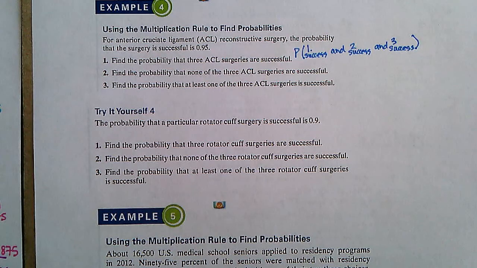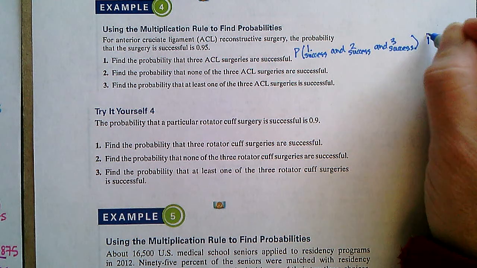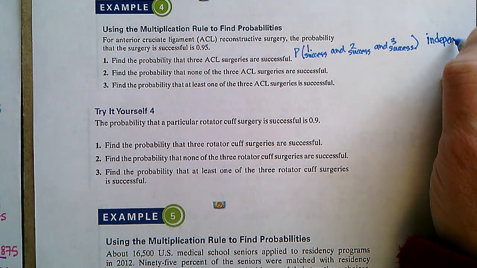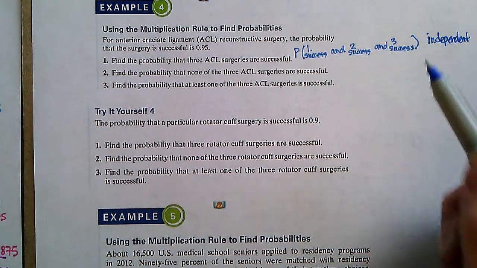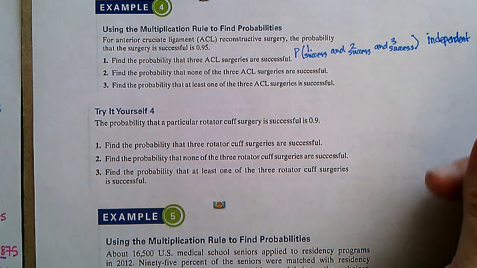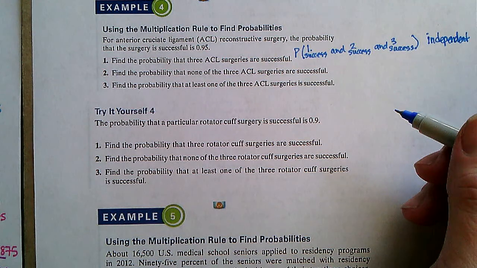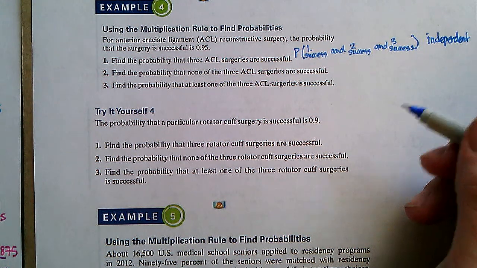Since these are going to be independent, think about 3 people going in for surgery: what happens to the first person is not going to have any effect on what happens to the second person, and the same thing with the third person.